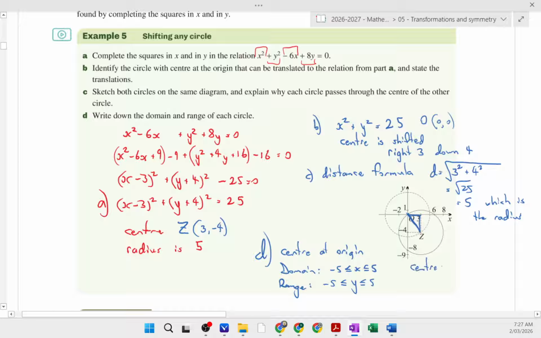And with the center at, now what's our center? I've forgotten, 3, minus 4. Then the domain, so you have a look and see where it's gone. Well, it's shifted. So we're going to -2 ≤ x ≤ 8 because it has shifted. And the range is going to be -9 ≤ y ≤ 1. And that's all there is to that.